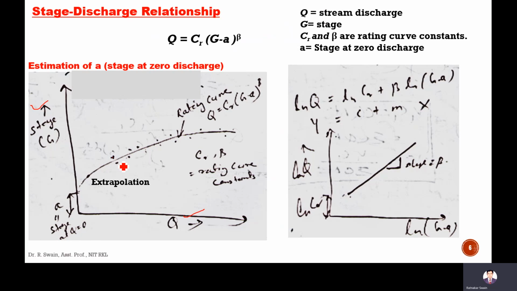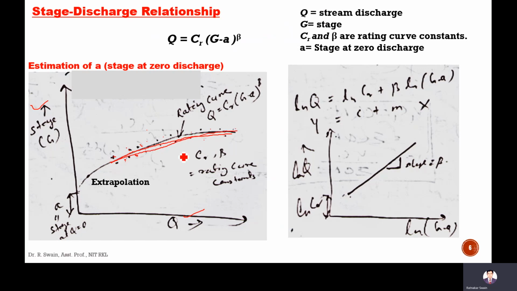These are the point measurements that we have taken, whether the discharge was measured using the area velocity method, dilution technique, or any other. The best fit curve can be drawn, in Excel or on graph paper, or freehand.